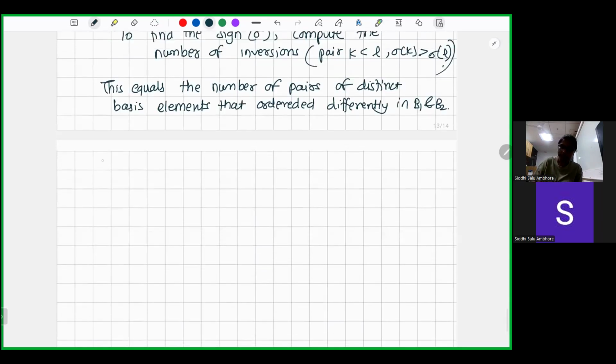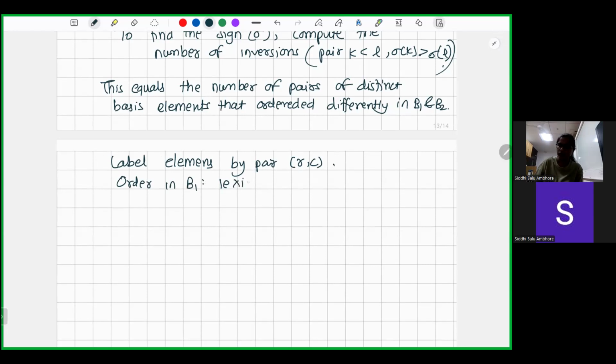We label the elements by the pair RC, and the order in B1 is lexicographic.